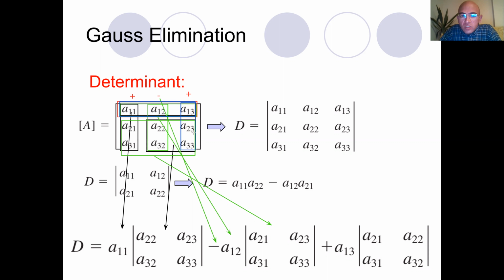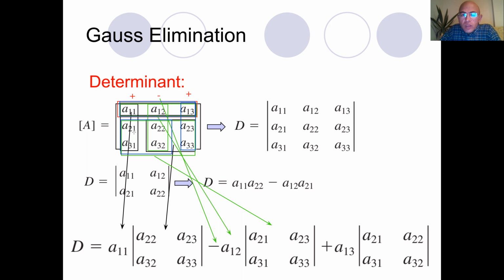So I exclude these two values and I take the remaining terms as a 2 by 2 matrix.